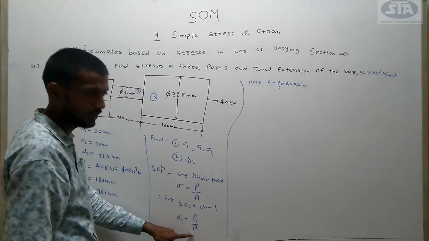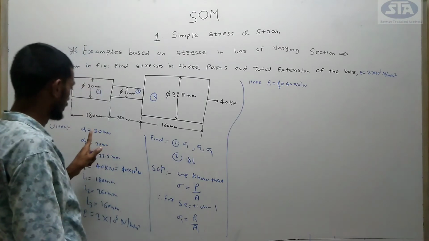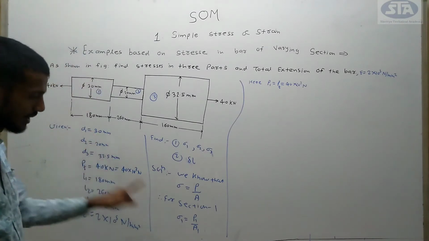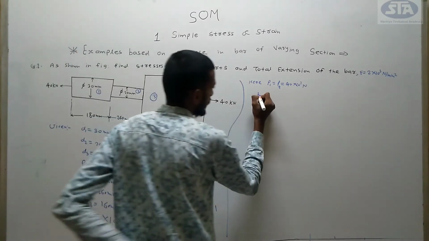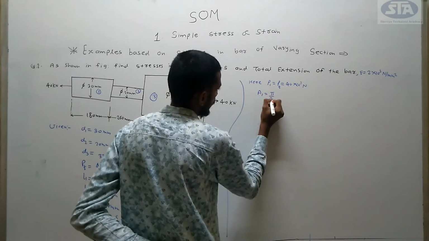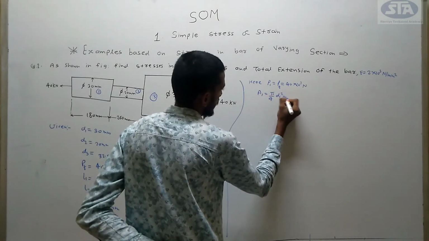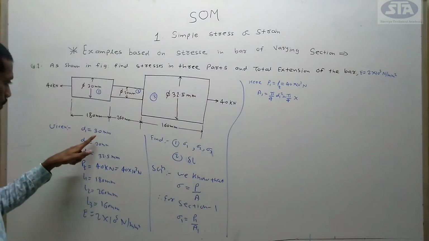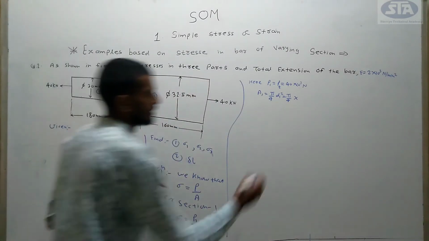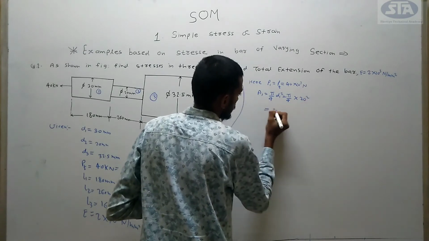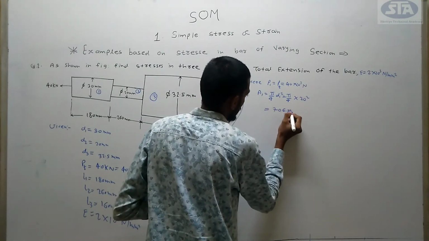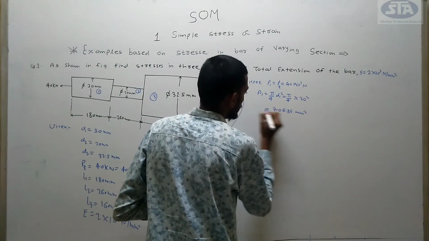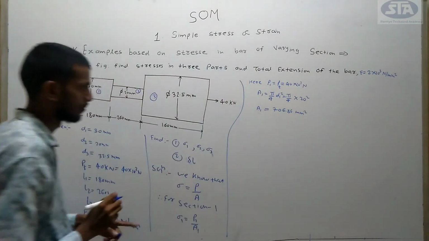Now we just have to calculate area 1. We know the diameter D1, so we can calculate area 1. Area 1 is equal to pi by 4 D1 square, that is pi by 4 into 30 square, which is 706.86 mm square. This is the area 1 we got.